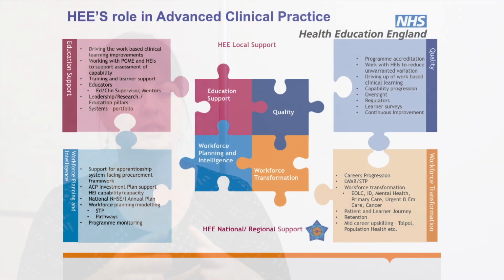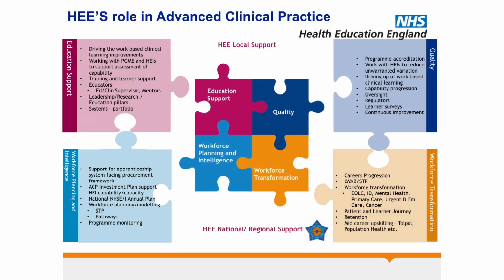HEE plays a role in terms of enabling some of this. So we have this Jigsaw image that enables you to think about it's not just this person appears, you need educational supports. Thinking about the quality of what you've got and what you need to wrap around and really assure the public that it's safe and it works well. Thinking through your planning your workforce, what intelligence data do you need to plan this? And then thinking about new models of care and transforming your workforce.